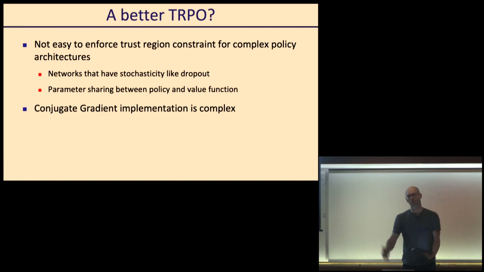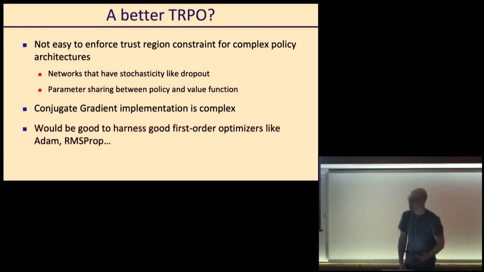Yes, I mean, John Schulman definitely got it working beautifully, and you could maybe reuse his code, but it's nice if we could have methods that are a little simpler to implement, and at the same time maybe have other benefits. For example, we look at standard neural net optimizers like ADAM and RMS prop. They're really, really simple. What if we could just rely upon them instead of on a conjugate gradient method to solve our problem? Let's see what we can do.